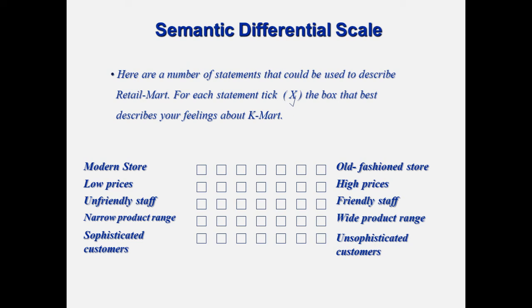On the left side you can see some words, and the opposites are here, antonyms. That's why semantic means words. For example, this store is very modern, the opposite is old fashioned. Low price, high price. Unfriendly staff, friendly staff. Narrow product range, wide product range. Sophisticated people come here, unsophisticated people come here.